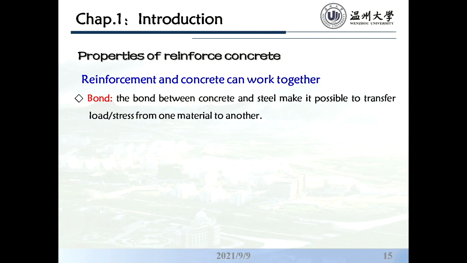Smooth is also okay, but sometimes people just want a high bond. For high bond, they will change the surface of the steel bars and make them ribbed. That's the thing. Here's the bond.